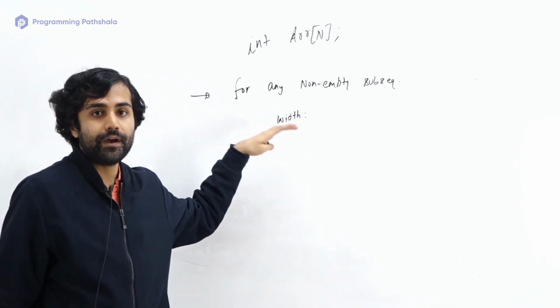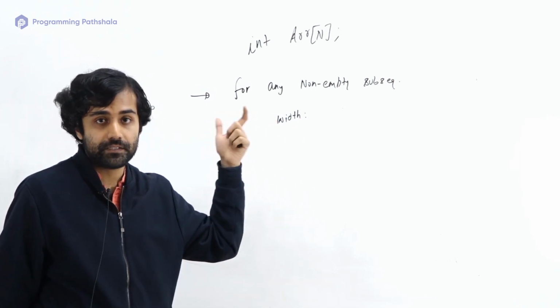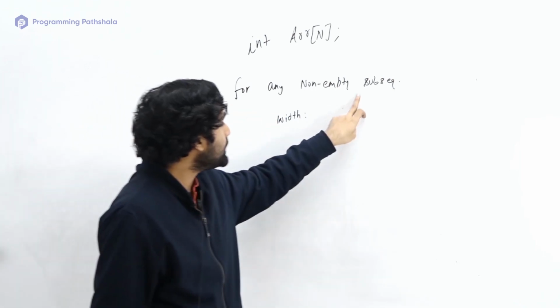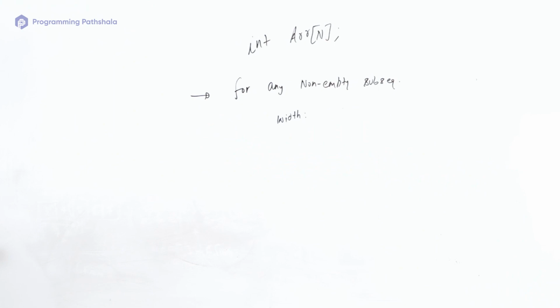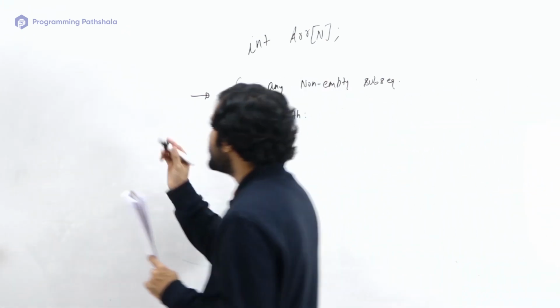Now before I go ahead and talk about what this width term means, let us understand what a subsequence is, and how it is different from a subarray. Subarray is contiguous and subsequence need not be contiguous. So basically, a subarray is a contiguous part.